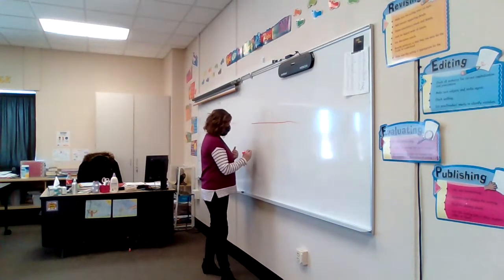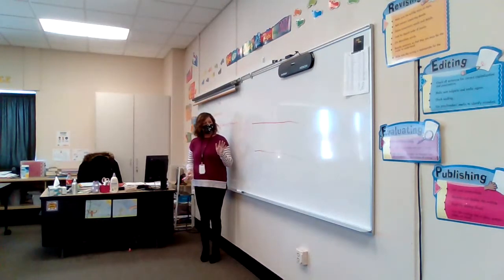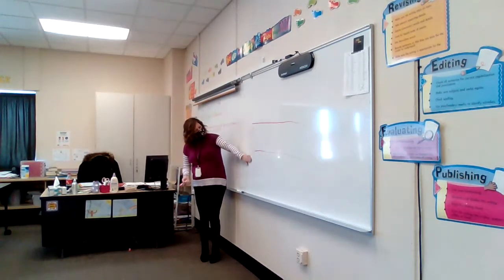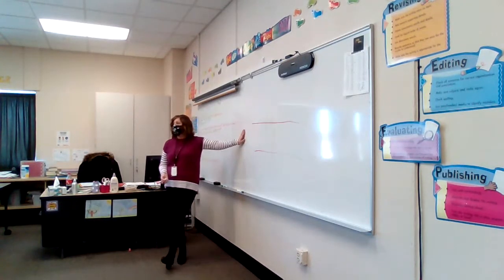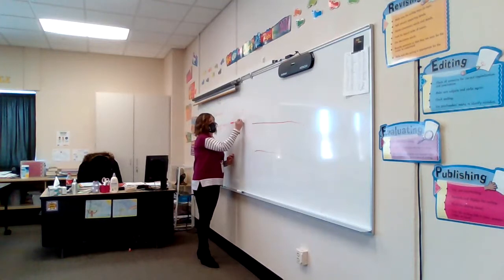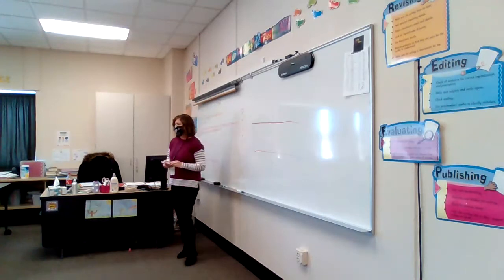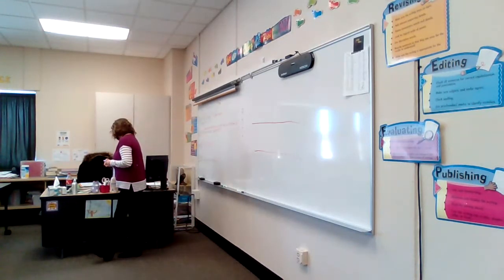Okay? So you have 2 sides. And along here, we write down the person. This is the person side of the chart. So when we're talking about person, what are we looking for? What would we be referring to when we're talking about person?